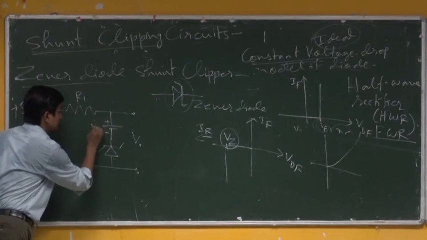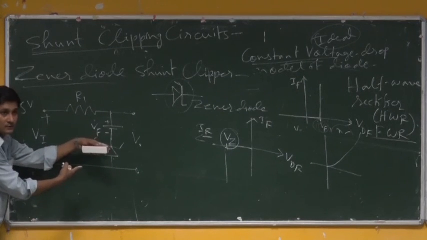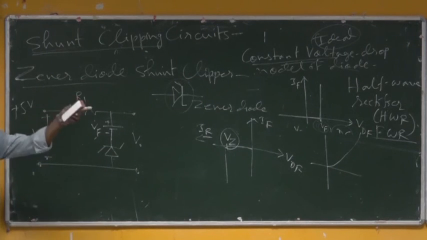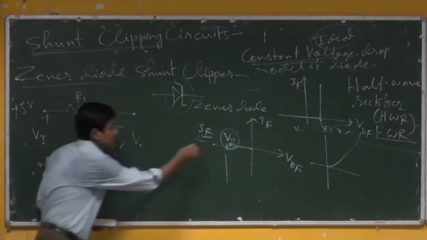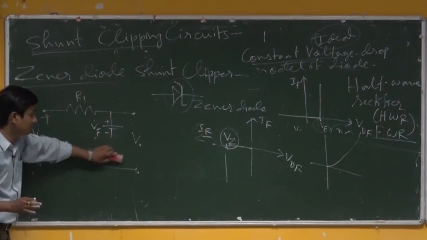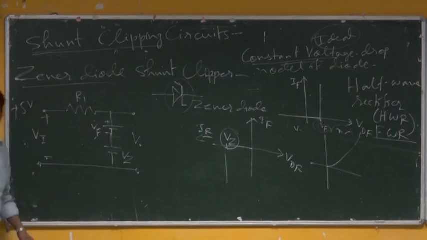Yes, VF. What voltage will I get here? It is reverse biased. It has gone into breakdown, where the 5 volt is much more than Vz, the breakdown voltage. So, the voltage will be Vz.